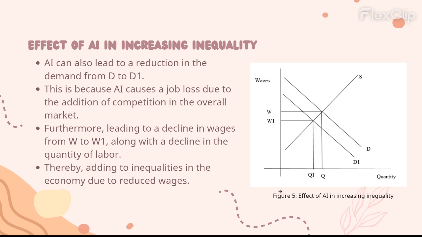It further highlights that it caused a decline in wage from W to W1, along with a decline in the quantity of labor, adding inequality in the economy due to the reduced wage. Therefore, it represents that AI adds to the nation's inequality.